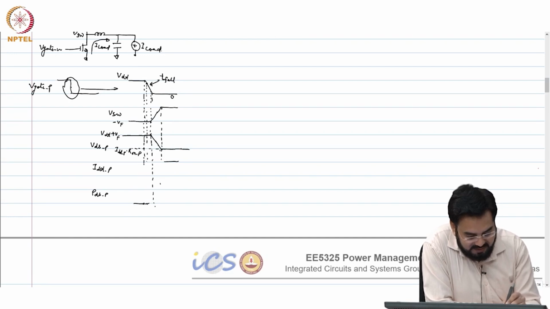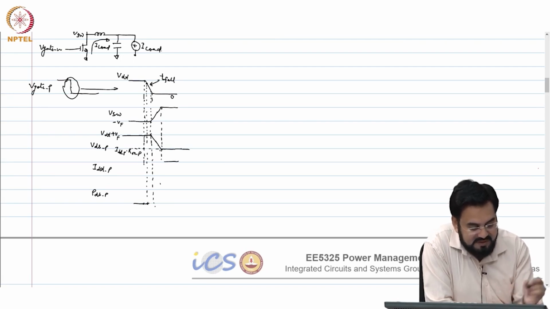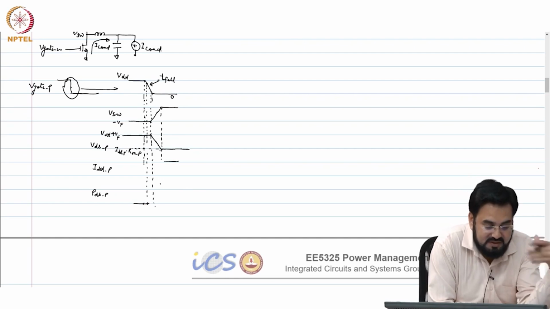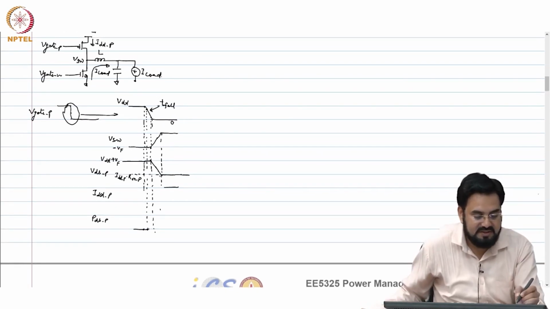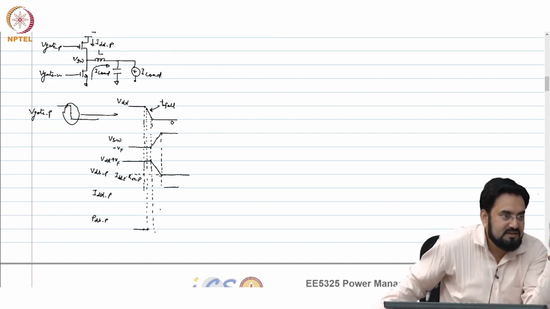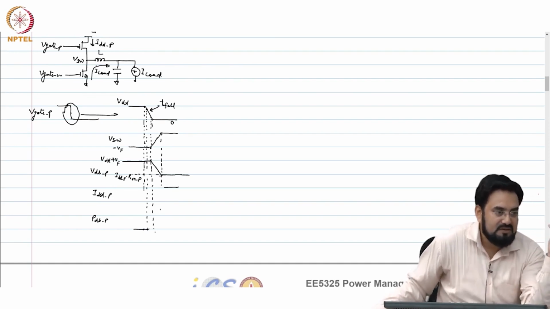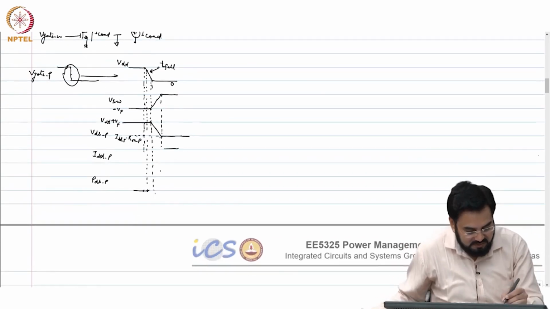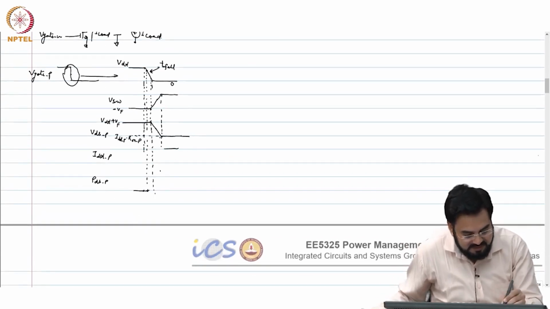So, your current will start rising from here, and before your source voltage, the VSW, the switch voltage, starts dropping to 0, that means you have attained the current of I load. So, it should peak before this.